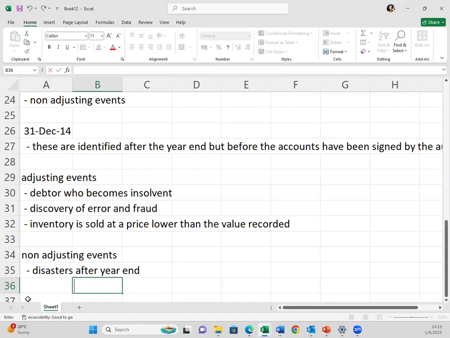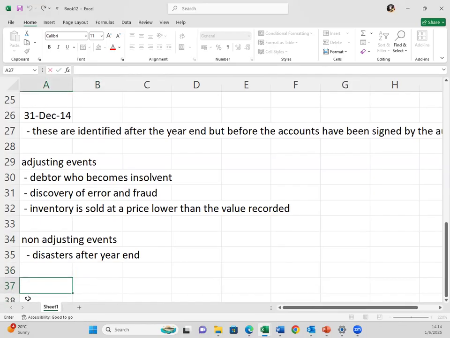For non-adjusting events with a significant impact, if it's a major non-adjusting event, such as maybe the destruction of the whole building, we don't adjust, but we disclose.